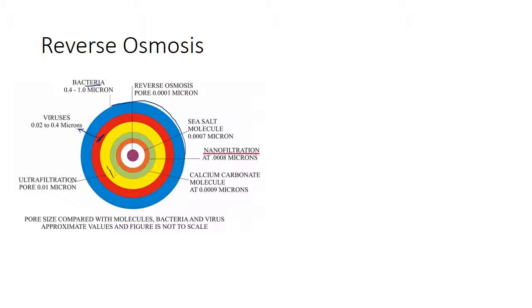The yellow size, here we have 0.01 micron pore. Get smaller and smaller. Here we can start getting calcium carbonate filtered out. By the time you're in here at a fraction of a nanometer, you can start filtering out sea salt. And this is interesting because it can be used then for desalinization.